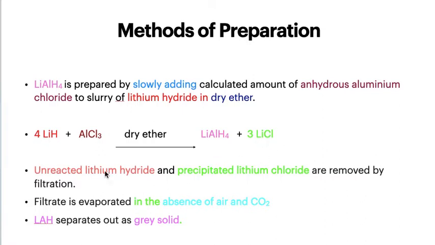The unreacted lithium hydride and precipitated lithium chloride are removed by filtration. The filtrate on evaporation in the absence of air and carbon dioxide separates lithium aluminum hydride as a gray solid.